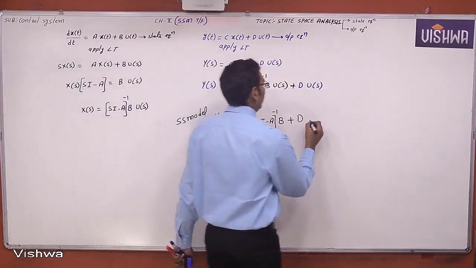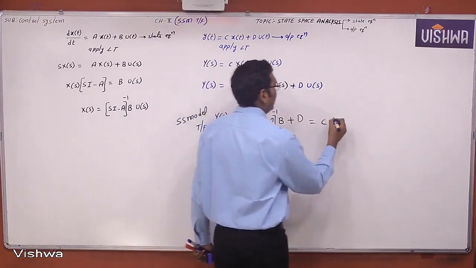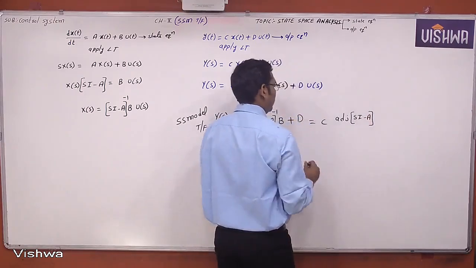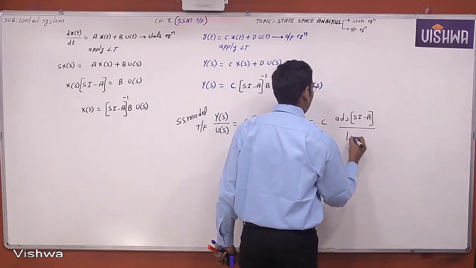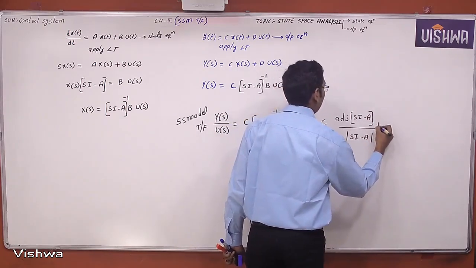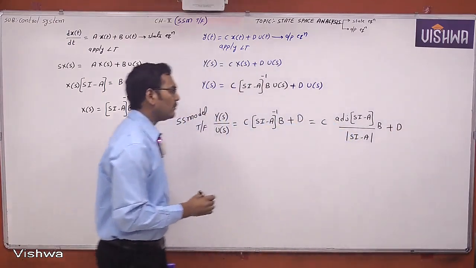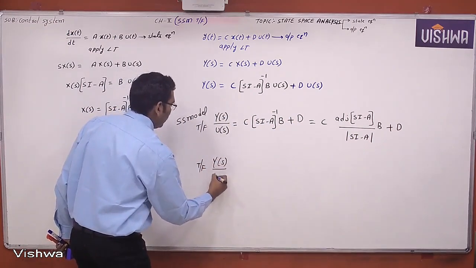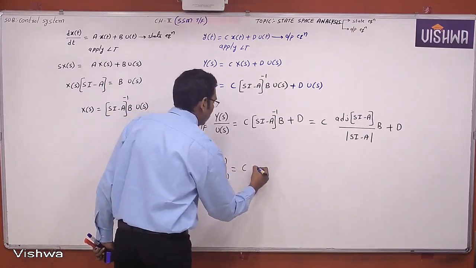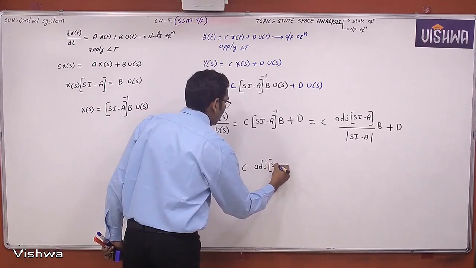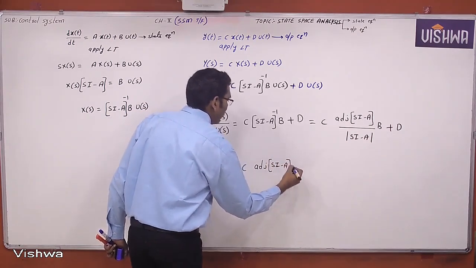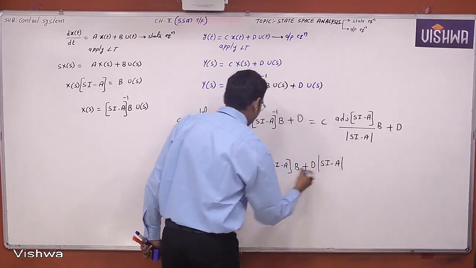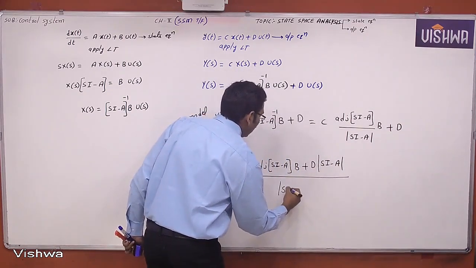Or you may write it like this: C into, what is the matrix inverse? The matrix inverse is nothing but the adjoint of (sI minus A) by the determinant of (sI minus A), into B plus D. So taking the LCM, this is C into adjoint of (sI minus A) into B plus D into determinant of (sI minus A), by determinant of (sI minus A).